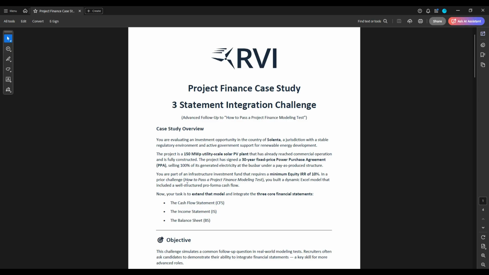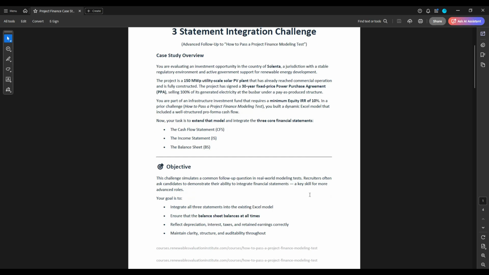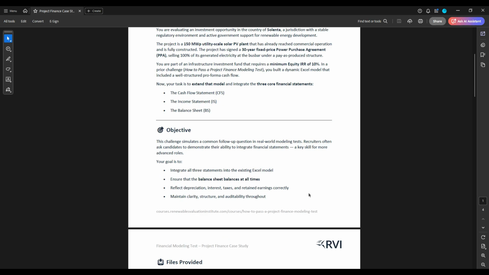In a prior challenge, how to pass a project finance modeling test, you built a dynamic Excel model that included a well-structured pro forma cash flow. Now, your ask is to extend that model and integrate three core financial statements: the cash flow statement, income statement, and balance sheet. Objective. This challenge simulates a common follow-up question in real-world modeling tests.